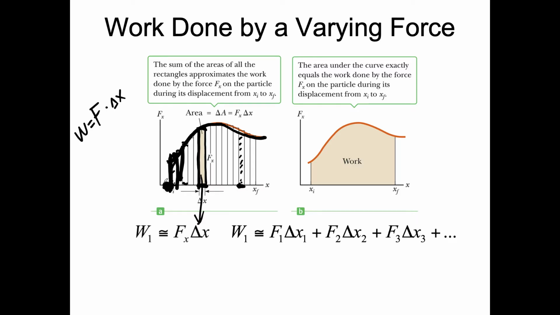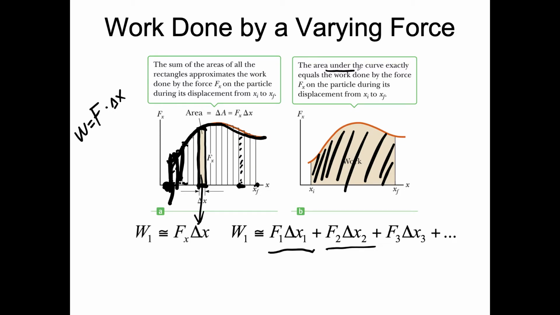So from the initial position to the final position, we add the area of all the rectangles together: the work done in the first rectangle, the work done in the second rectangle, and so on. This gives us the area under the curve, which exactly equals the work done by the force during displacement from position xi to xf.